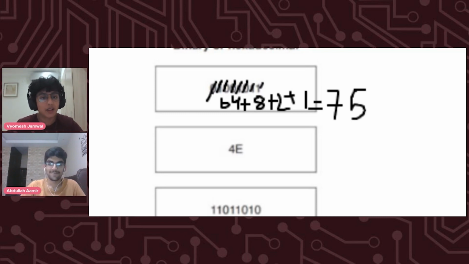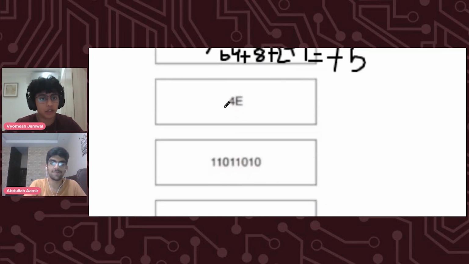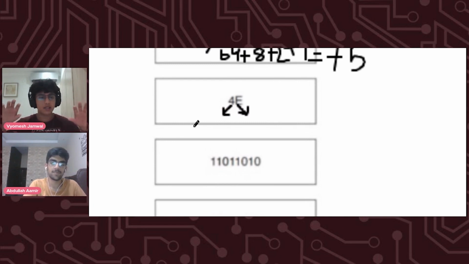Now, looking at the second value, it is 4E. It's a hexadecimal value that we have to convert into denary. Again, we can separate them into two distinct numbers, and then convert that into denary first, and then binary. The 4 would be 4 in itself, and E would be the value 14.